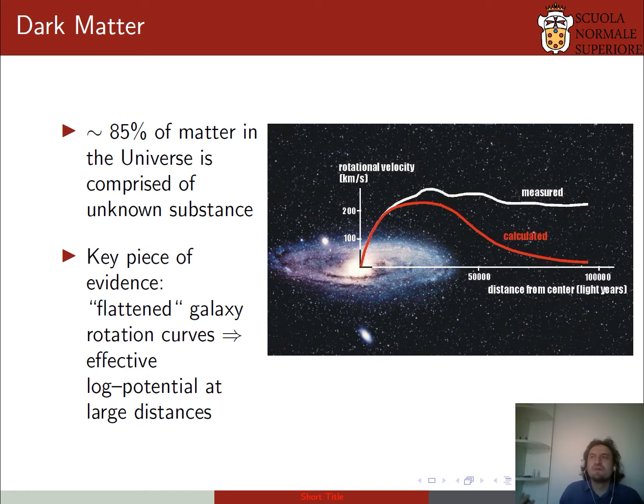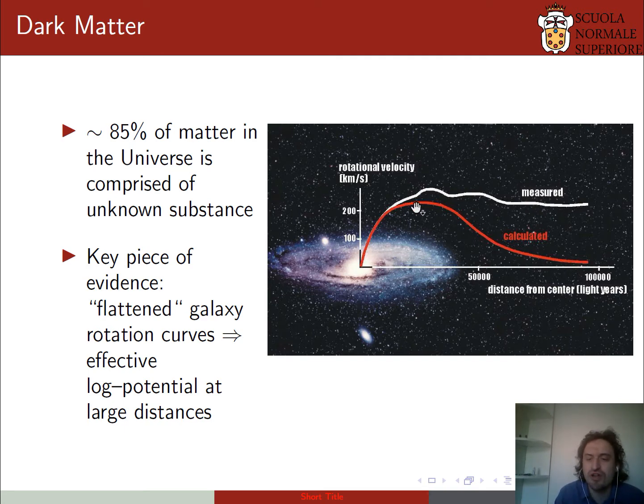Historically, one of the key pieces of evidence in favor of dark matter was the flattening of rotation curves. Namely, if we plot the rotation velocities of different objects in galaxies as a function of the distance from the center of the galaxy, then from the distribution of visible matter, the velocities would be expected to decay at large distances.